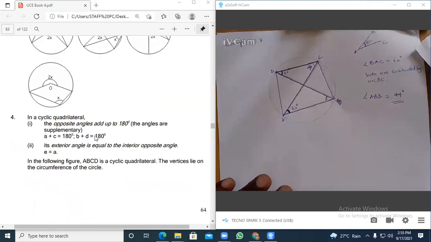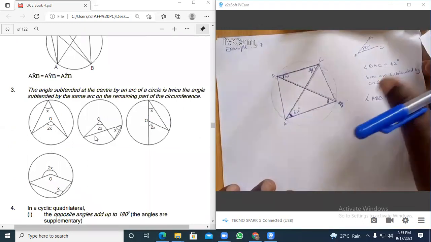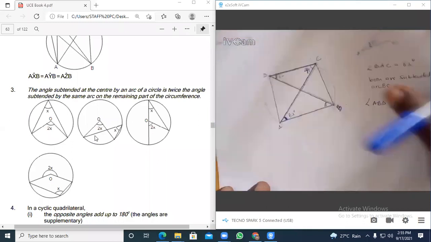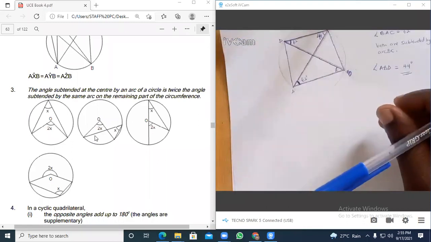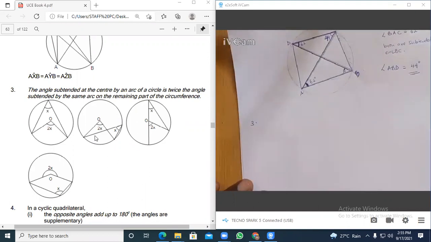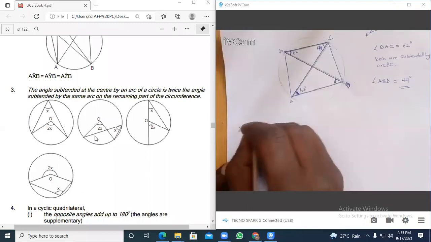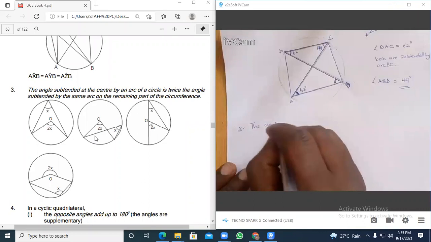Okay, let us go to the next property. That is property number 3. Property number 3 says that the angle subtended, you must write it, members.